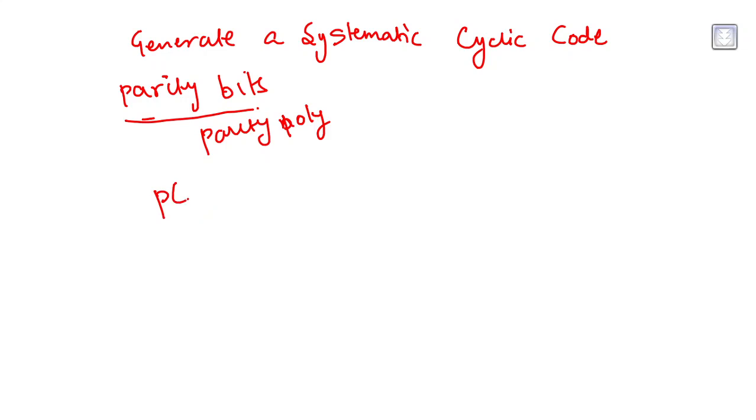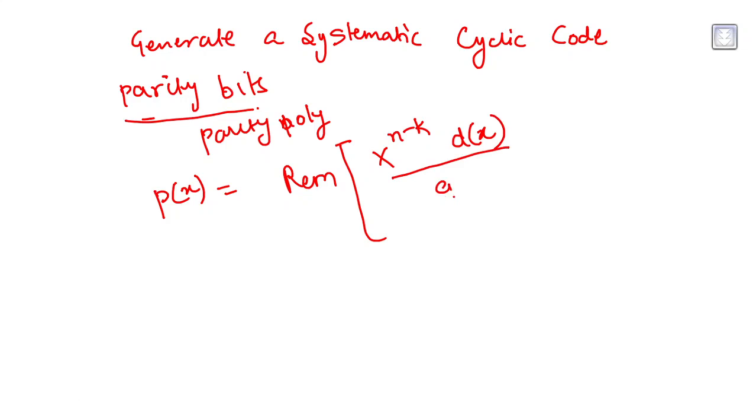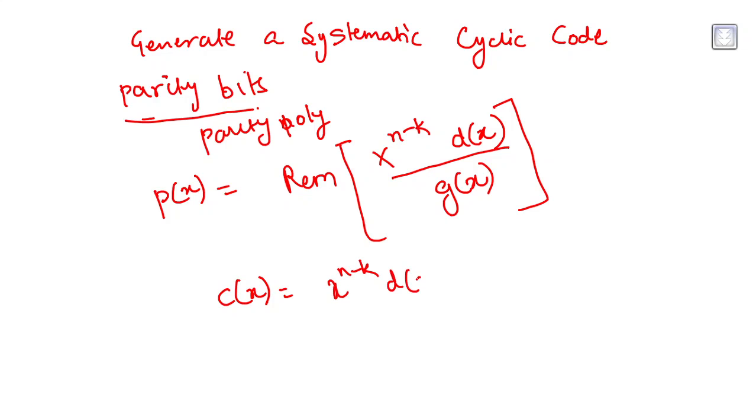The parity polynomial p of x is given as the remainder of x to the power of n minus k d of x upon g of x, and the code word is the n minus k bit shifted data plus the parity polynomial.